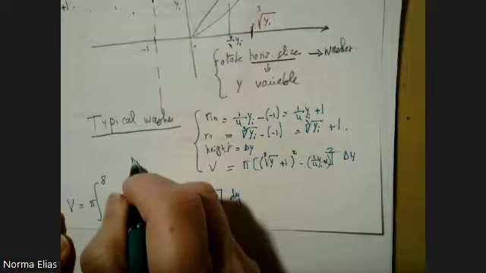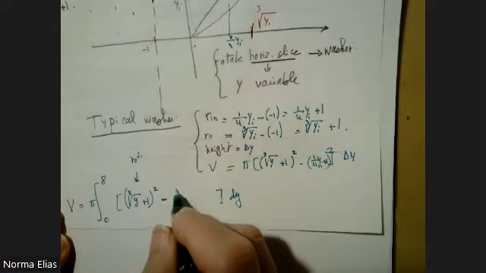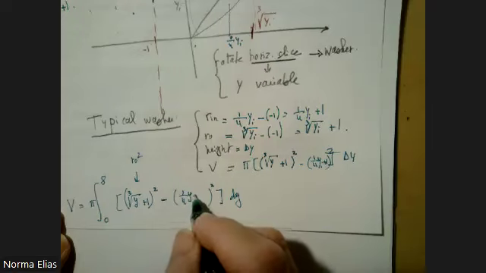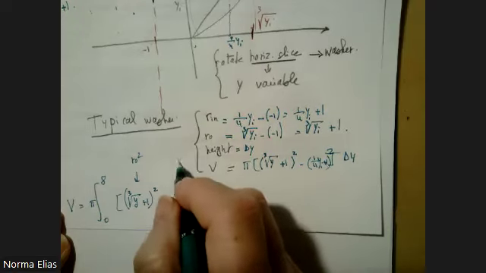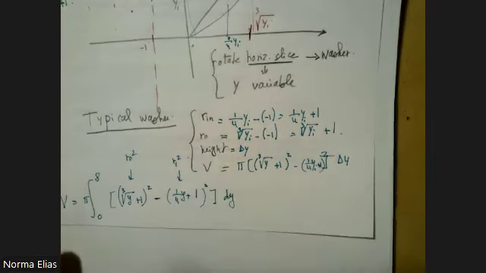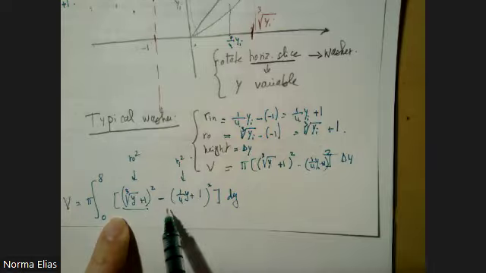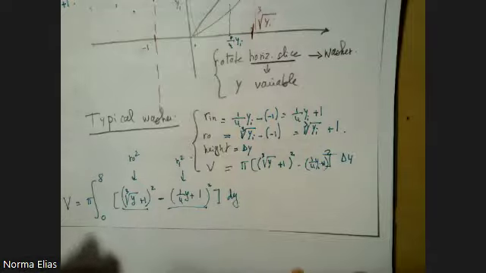That's basically my outer squared. I take away from it my inner squared. To integrate, you definitely distribute. It will be a little bit long, but not hard. End of the problem.